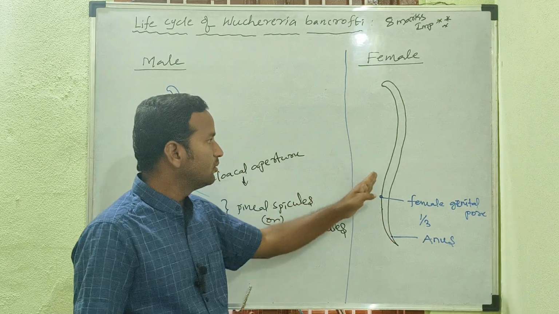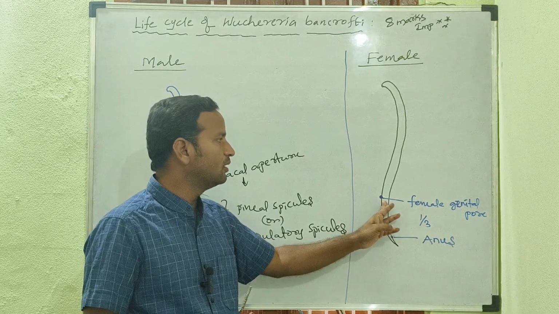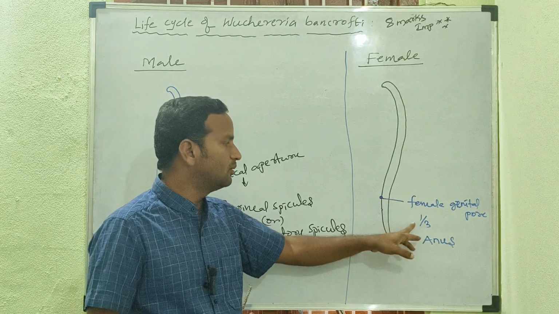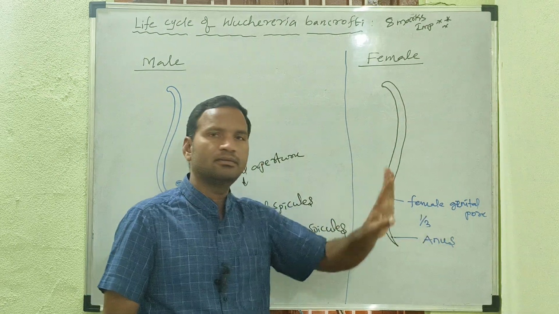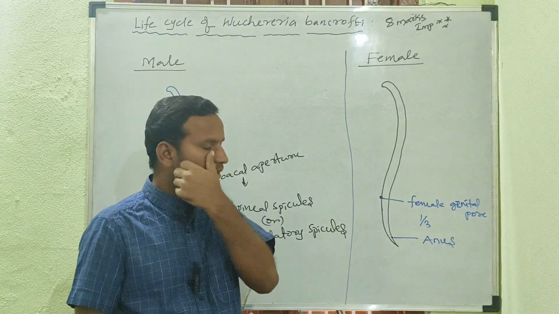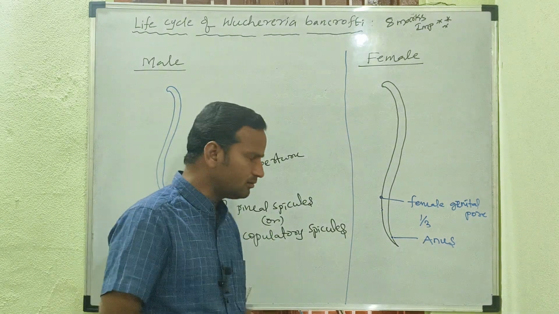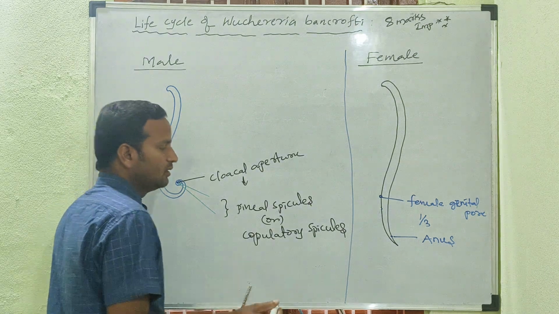On the midventral surface of the body, a pore about 1/3 of the length from the mouth is called the female genital pore. This is about the female organism structure.